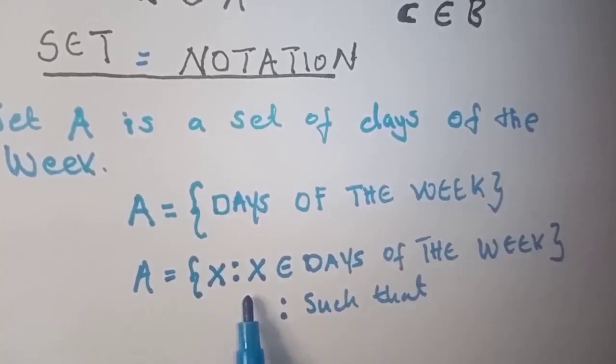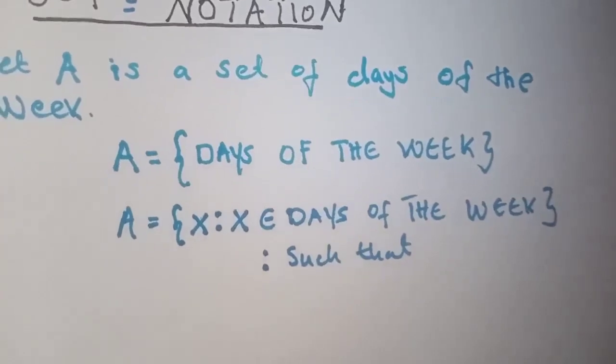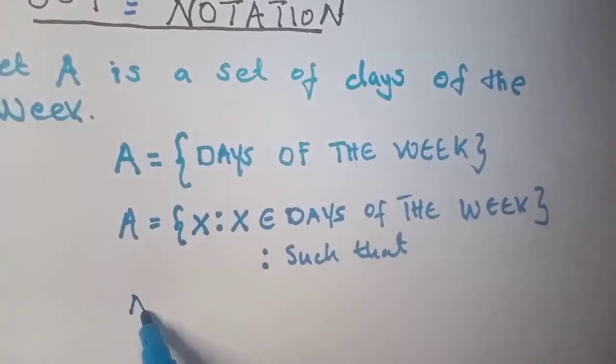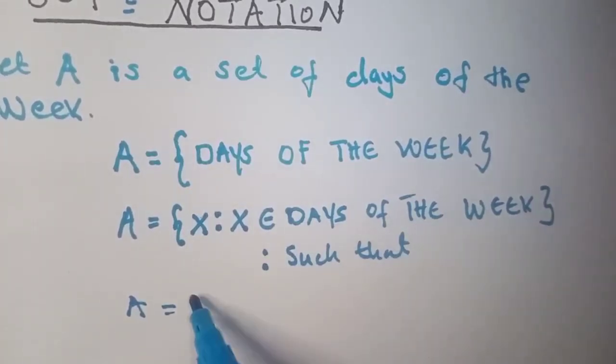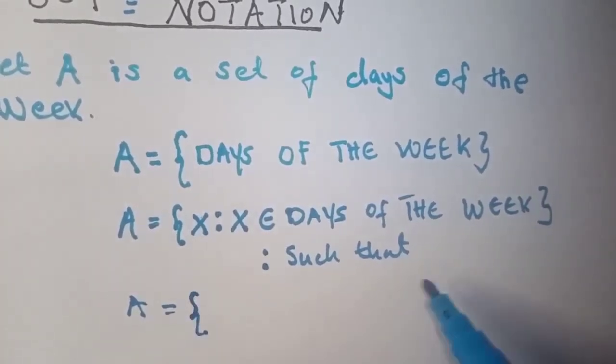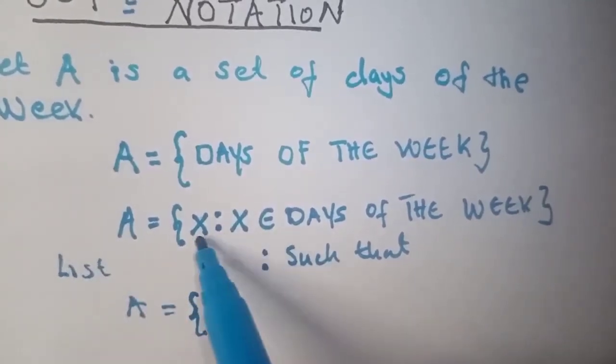Days of the week. So if you wanted to list this, you say A. We know what we're dealing with, days of the week. Now if the question says list, this is when you list them.